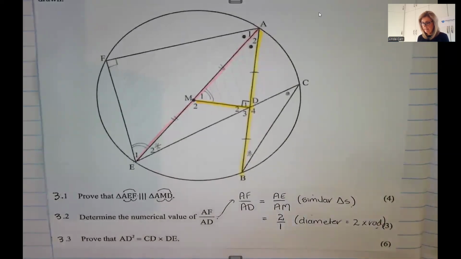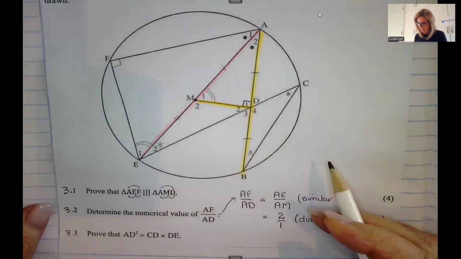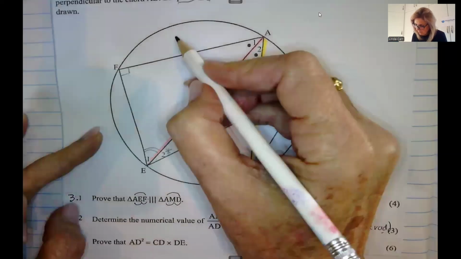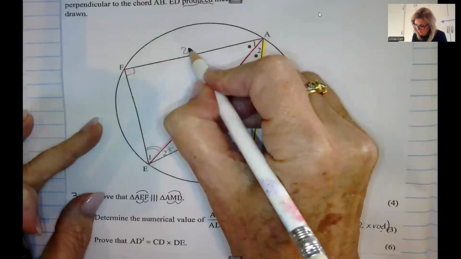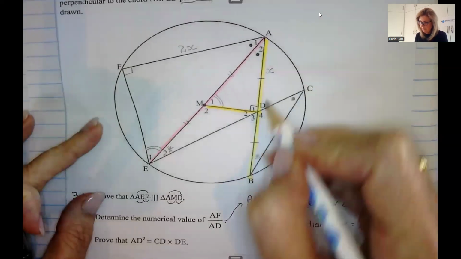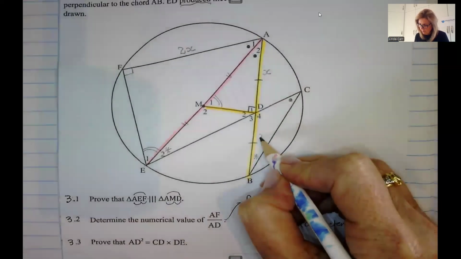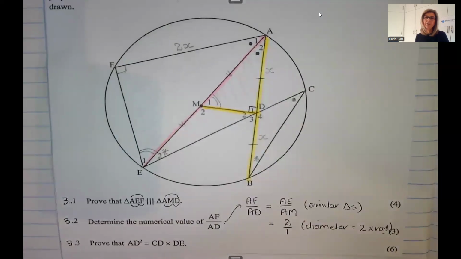AF to AD must be in the ratio 2:1. Okay, so I know that now, that AF to AD is 2:1. So if this is 2x, AD will be x. And if AD is x, then DB is also going to be x, although I will still have to explain that.